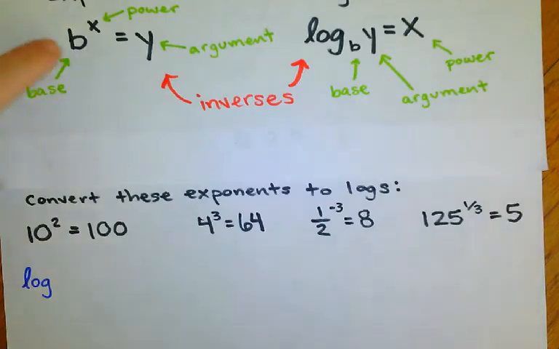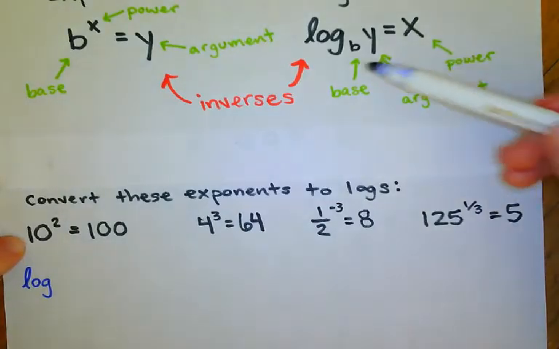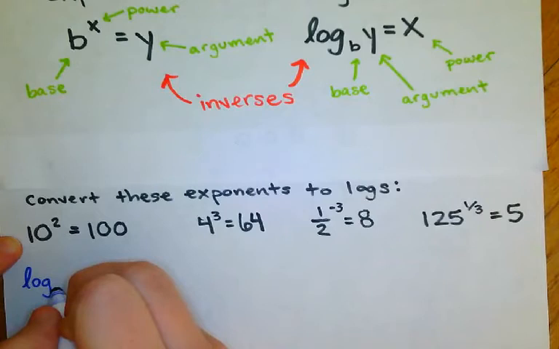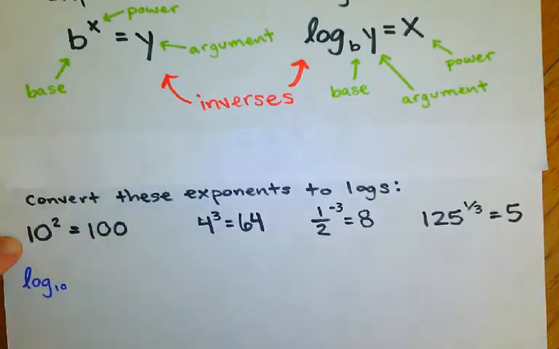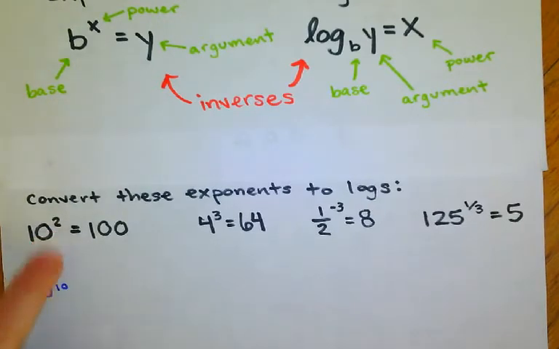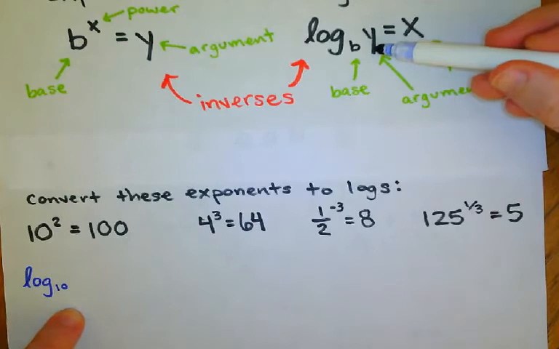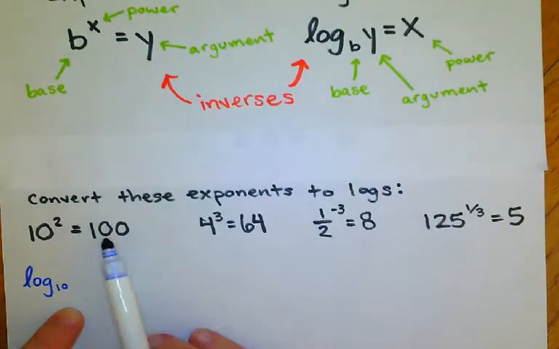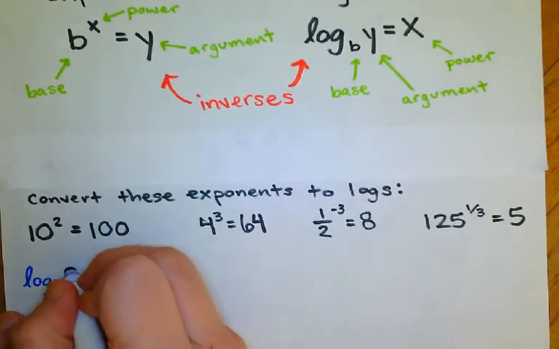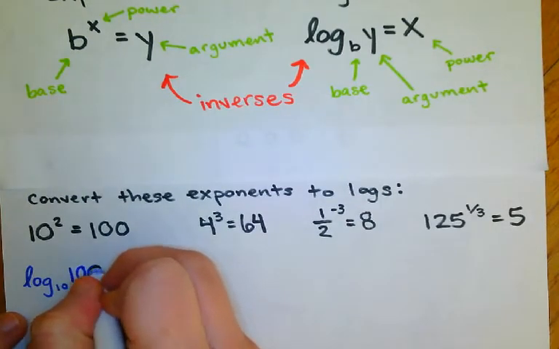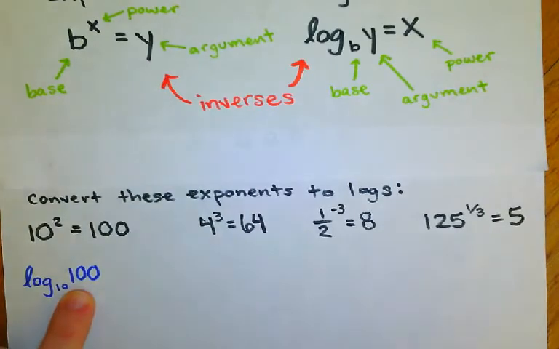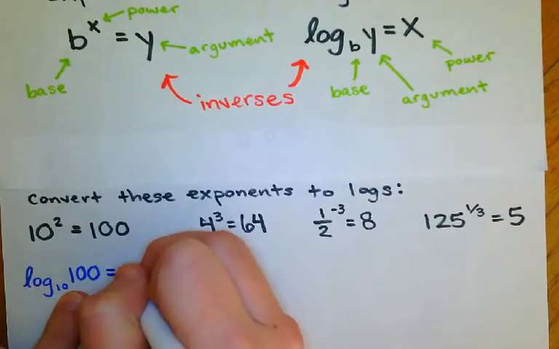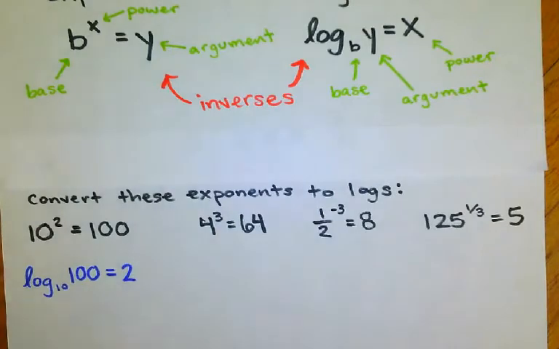Well, the base is 10, so that 10 is going to become the base of my log. Then instead of the 2 coming next, my argument goes with the log. So my argument is going to be 100. So log base 10 of 100 equals my power 2.